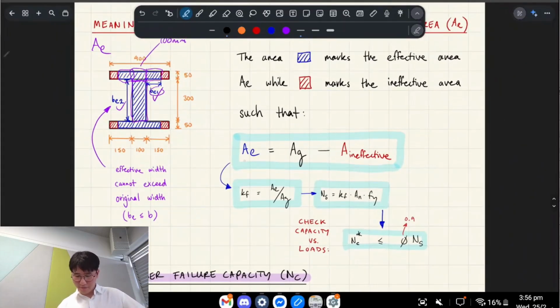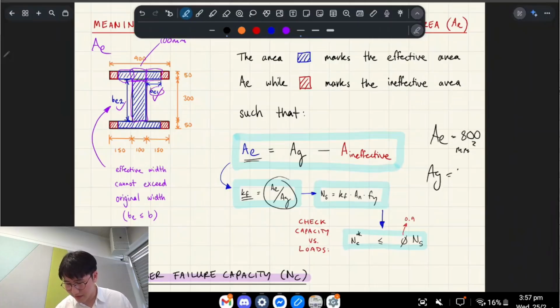All right, so AE plugs into KF, right, in this ratio formula. And by the way, AE is always less than AG because say that's like 800 mil squared, AG would be like, say 1,000, right? And then KF ends up being like 0.8.